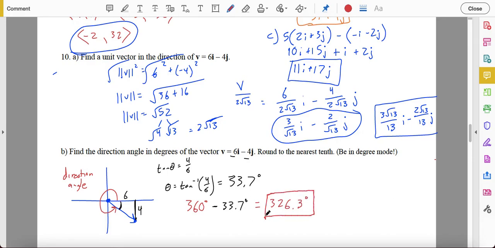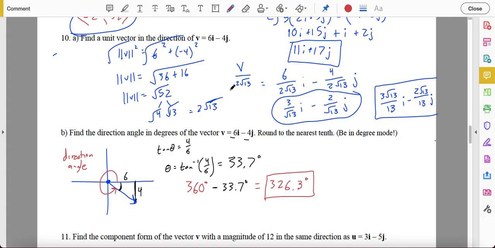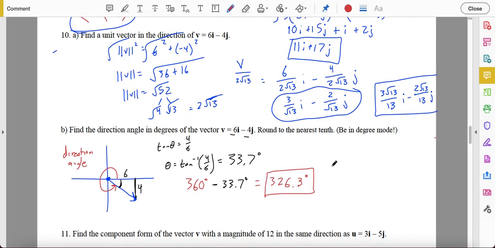And that is the direction angle of our vector. No matter where our vector is, that's our answer to this problem. But let's just talk about a couple hypotheticals.